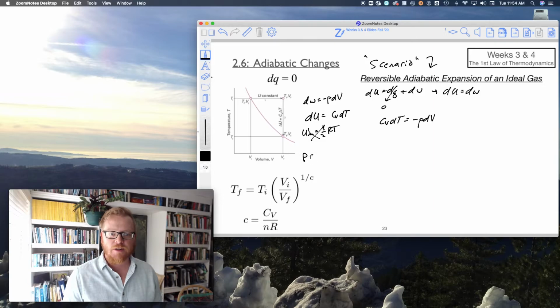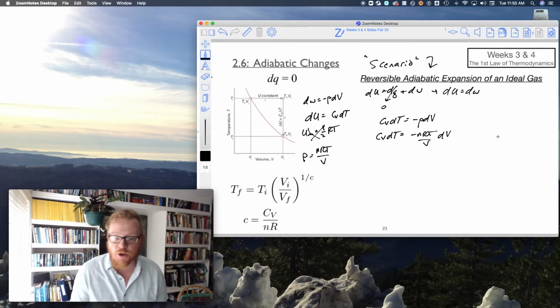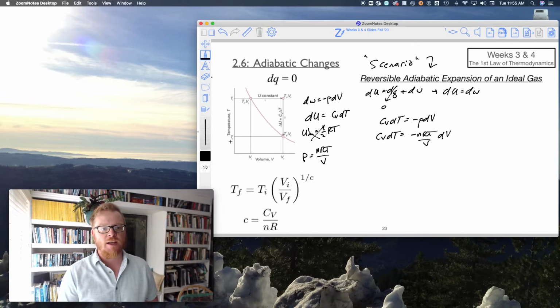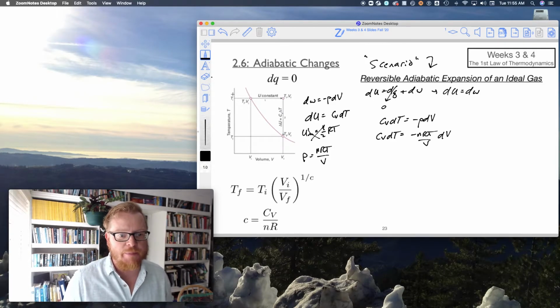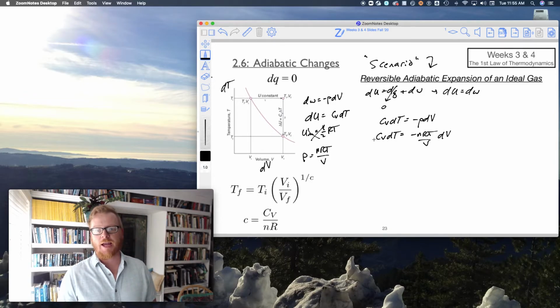Oh, yeah, so another equation that I know is P equals nRT over V, okay? And I'll go ahead and make that substitution. CV dT equals negative nRT over V dV. And now I'm cooking. And I'm cooking because, look, I'm interested in changes in temperature, dT, with changes in volume, dV, to get the slope of this line, okay? And there we go.